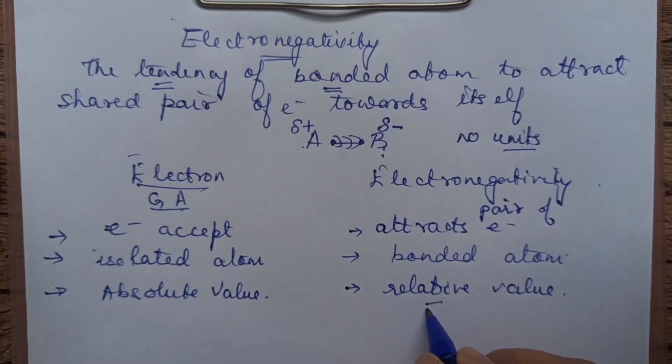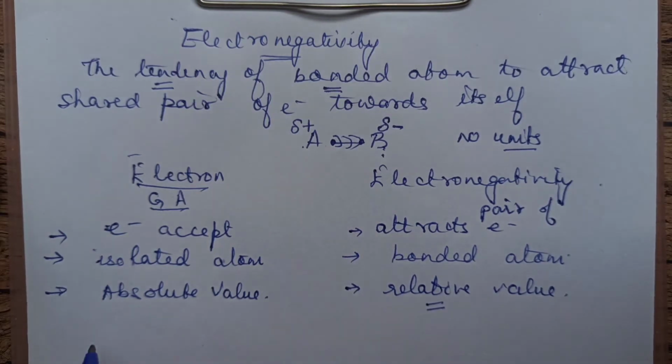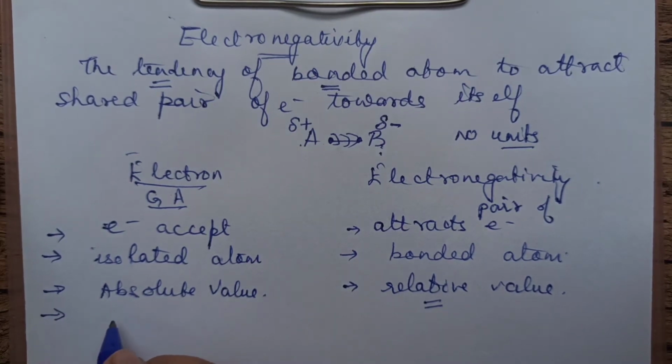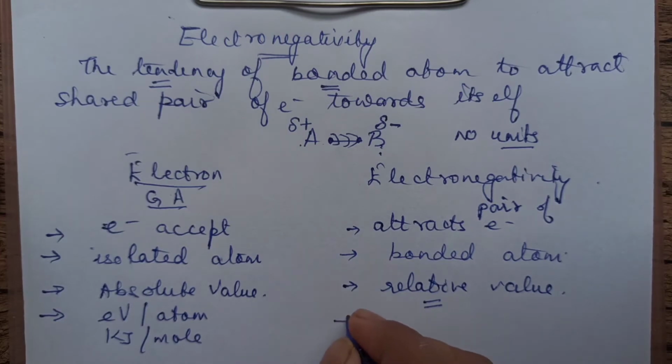It is only talking about relative, means relative to one particular atom, we calculate the electronegativity of the another one. Electron gain enthalpy has units. It is measured in electron volt per atom, or you can say kilojoules per mole, whereas electronegativity has no units.